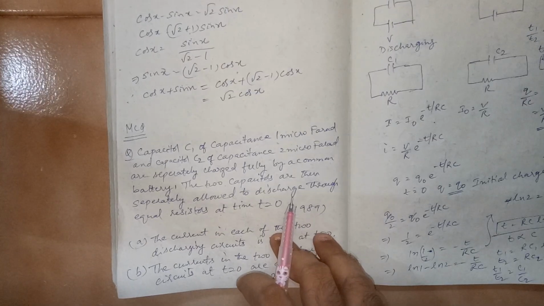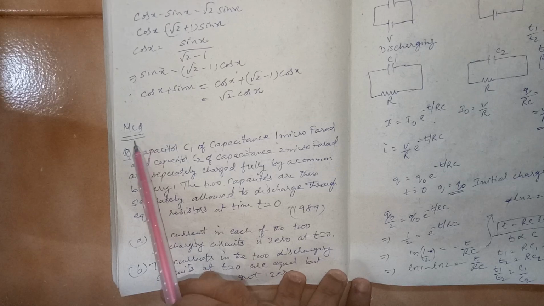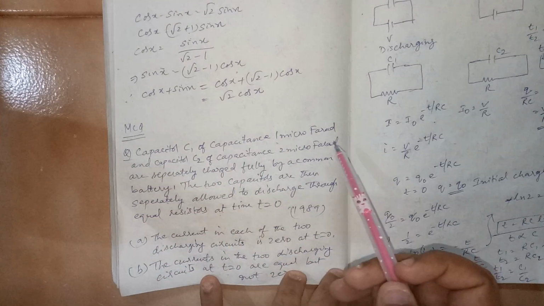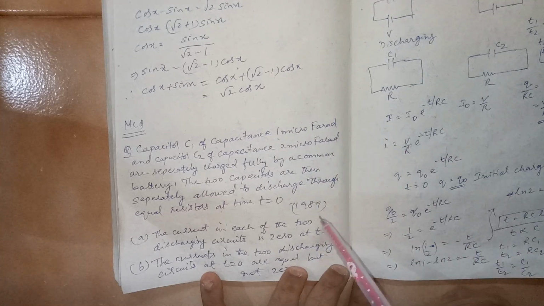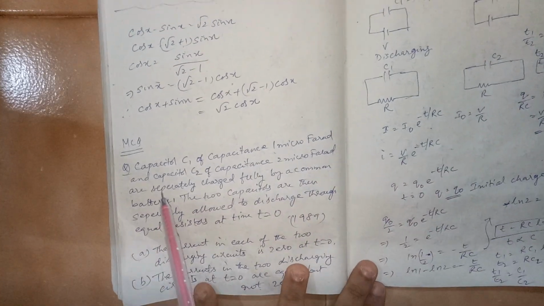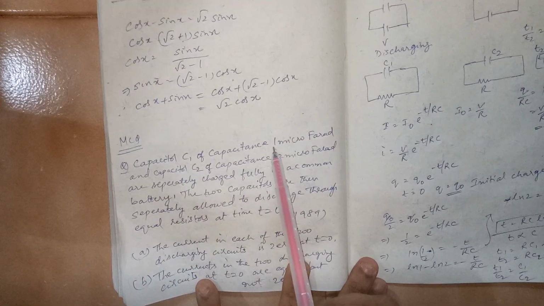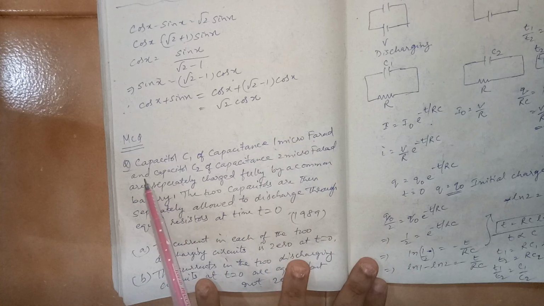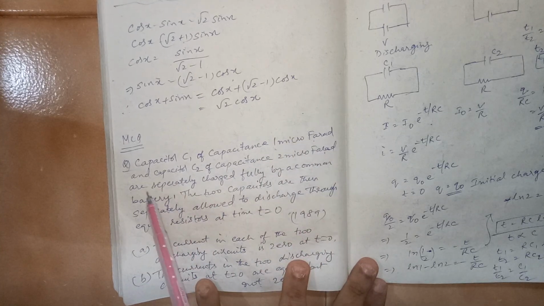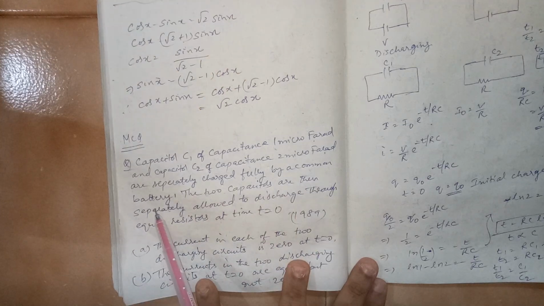Hello students, let us see an MCQ type of question, which means out of 4 options, multiple options can be correct. Now, this question came in 1989. Here, capacitor C1 of capacitance 1 microfarad and capacitor C2 of capacitance 2 microfarad are separately charged fully by a common battery.